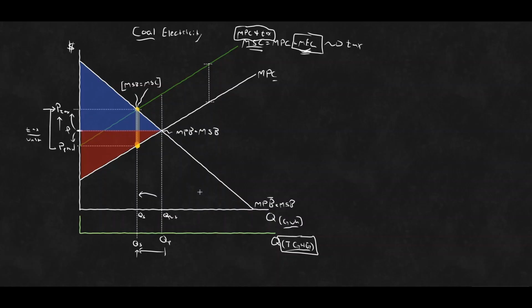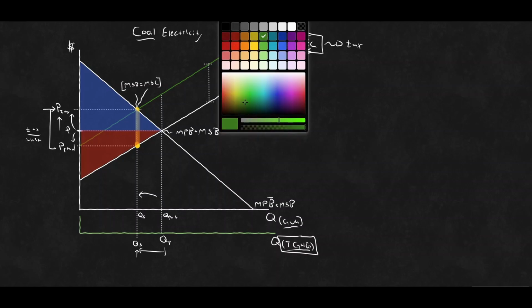However, we have the problem. We have all this pollution, all of this extra cost that is being borne by just society in general. And so all of this extra cost shows up as this area here, as this trapezoid. Keep in mind, where is this on the graph altogether? Well, let's just use green.